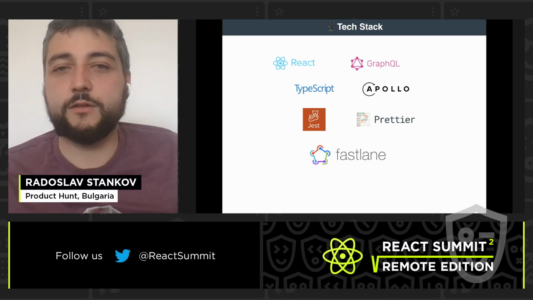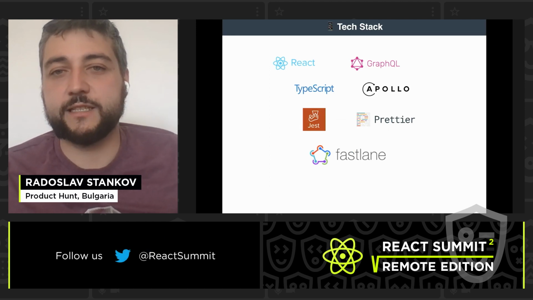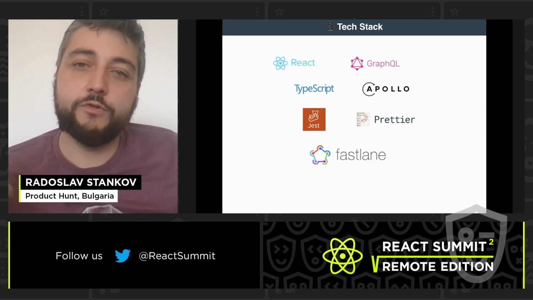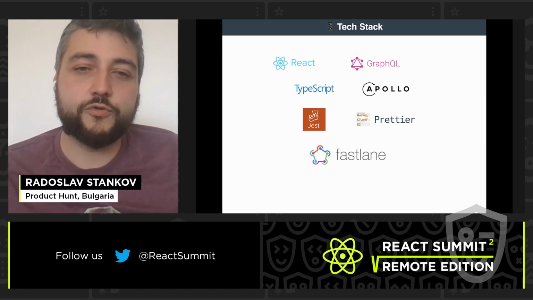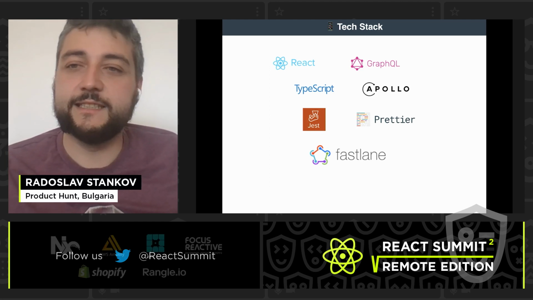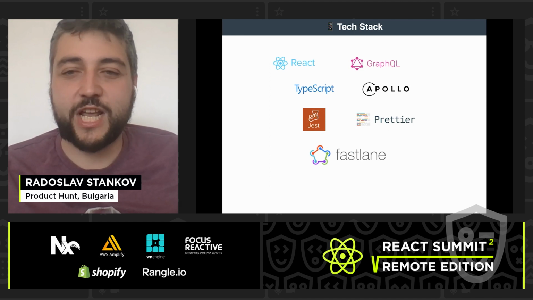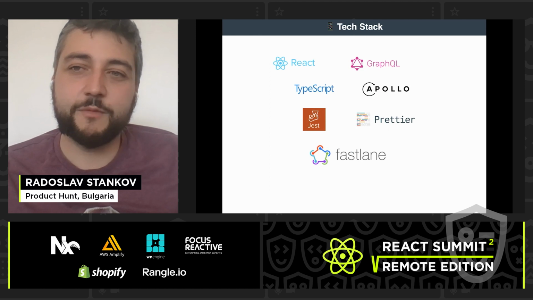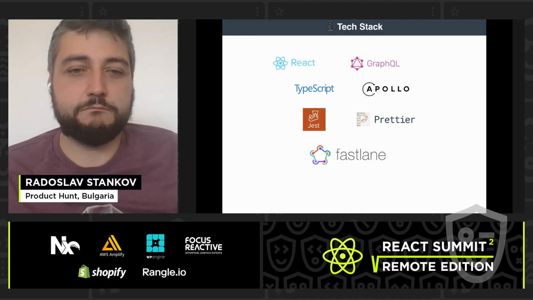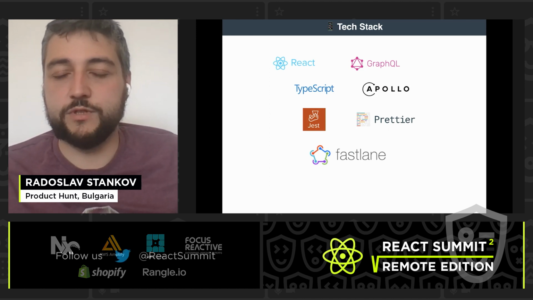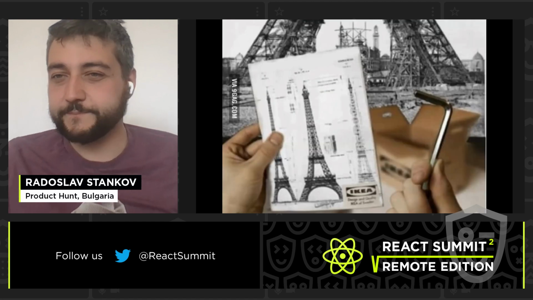The tech stack we decided to go with was React and React Native. We use GraphQL, which we access with Apollo, and the table stakes, TypeScript, Jest, and Prettier, are basically not in question if we go with the JavaScript ecosystem. And as with everything mobile, we are using Fastlane for tooling.